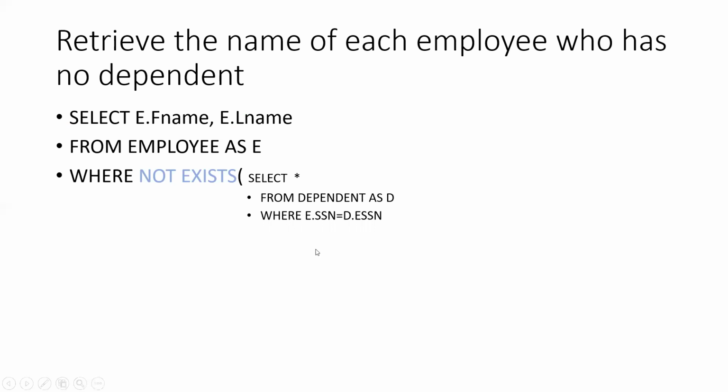If this inner query returns a tuple, that means that employee has a dependent, so this will not be selected by the outer query. If that SSN value is absent, that tuple is selected by the query.